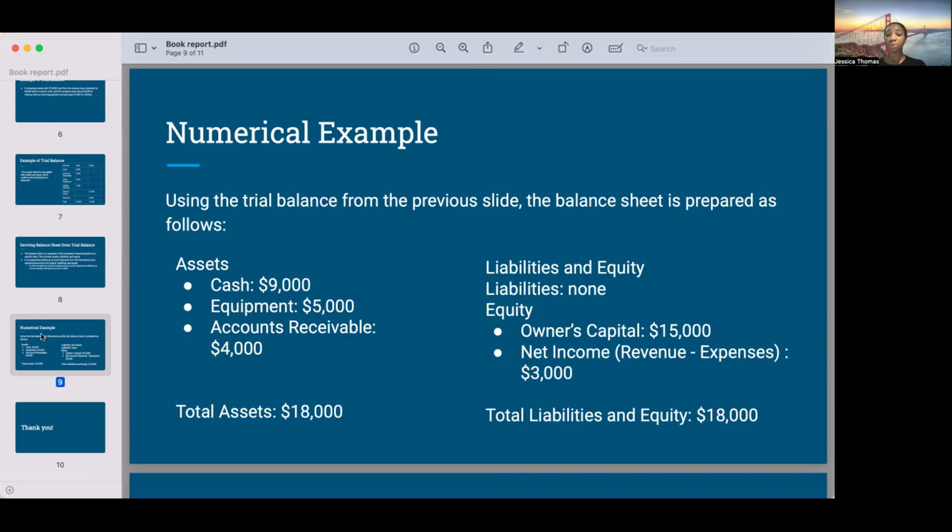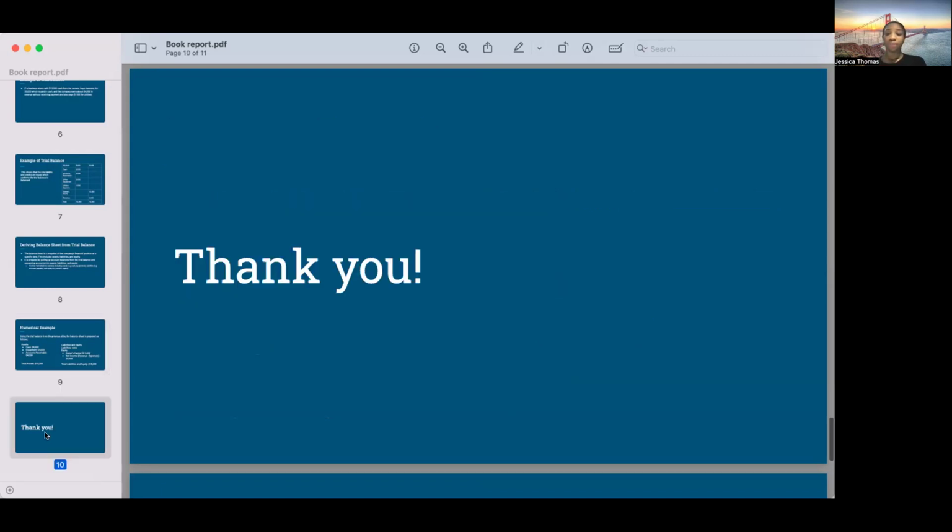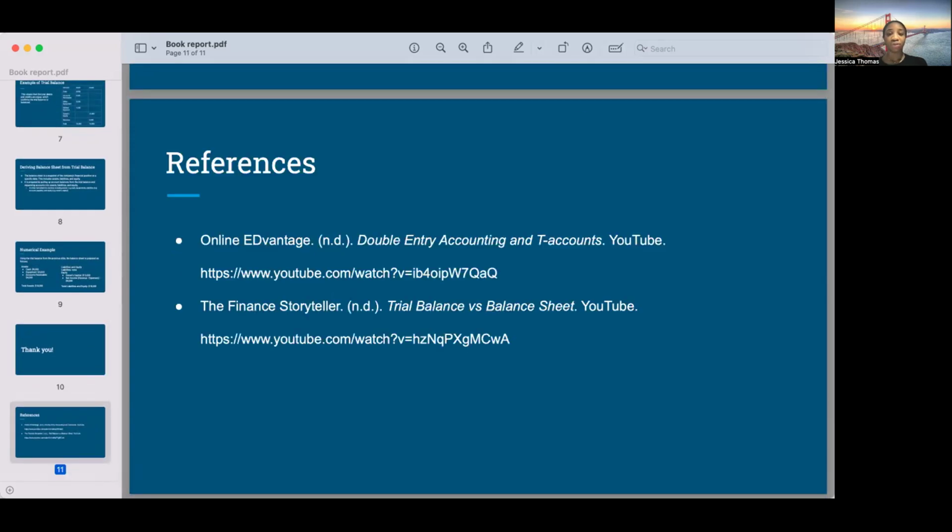So our equity would be our owner's capital that we started with, 15,000, and then the revenue earned or net income, which is calculated by subtracting your expenses from your revenue, which caps us at 3,000, and our total assets is 18,000 at the end of that specific period, and our total liability and equity is 18,000. Thank you, and these are my references.